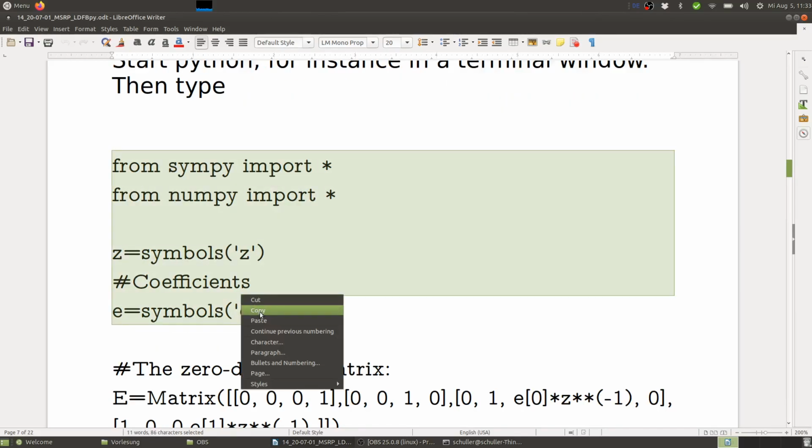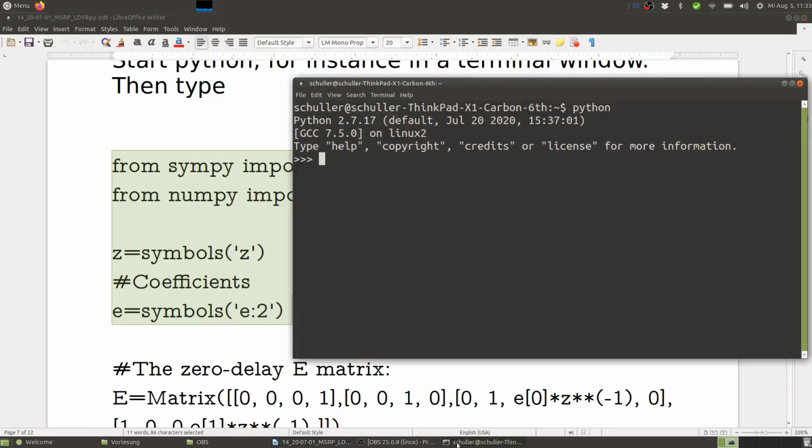So say copy and paste. So here I have those symbols, z and E, which are my coefficients, which need to be determined later. So for now, they are unknowns.